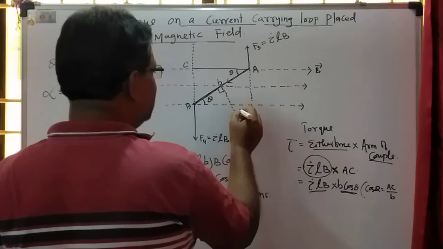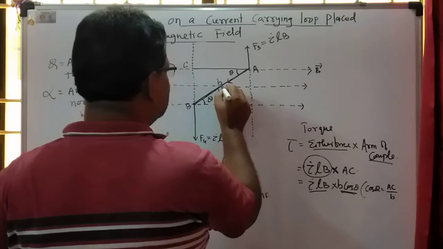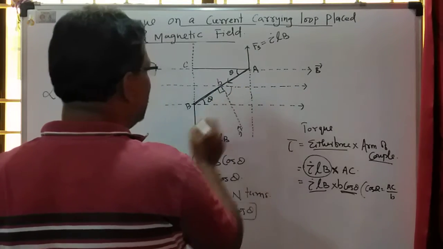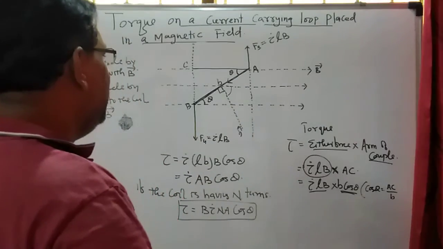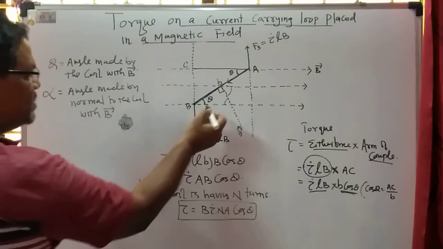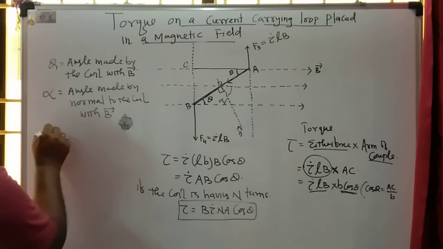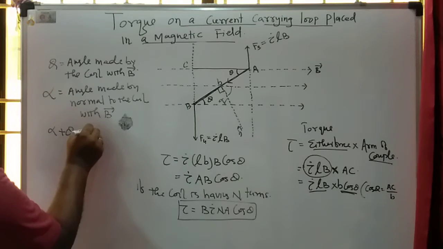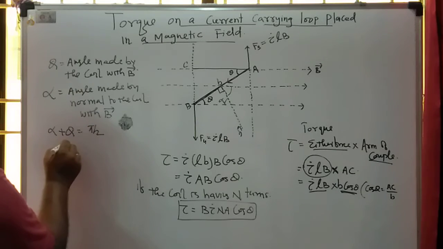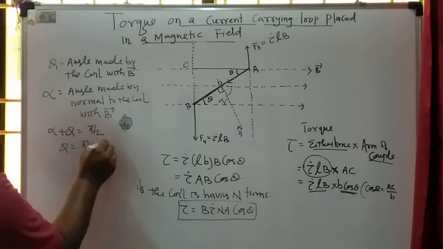What will be this angle? This is the B vector, and this is the normal. This angle is equal to alpha. If this is alpha, this also will be alpha. So alpha plus theta equals 90 degrees, or pi by 2, or theta equals pi by 2 minus alpha.